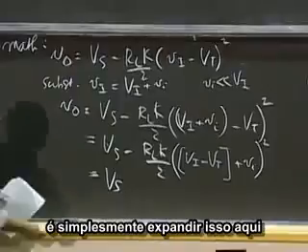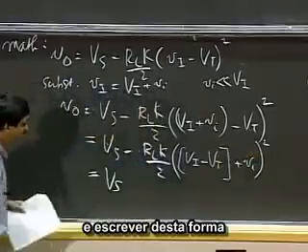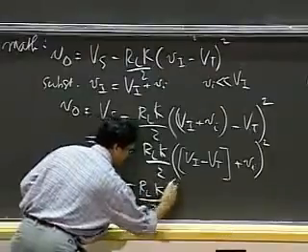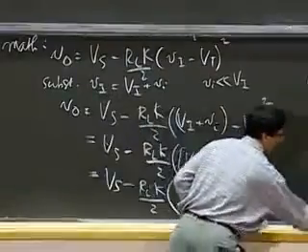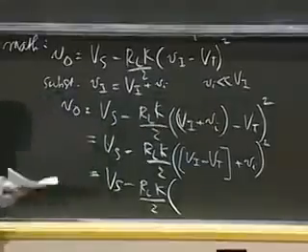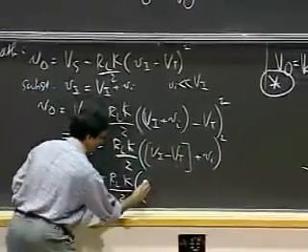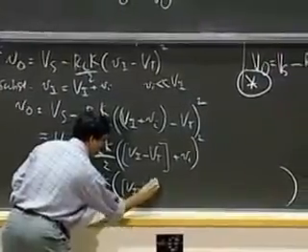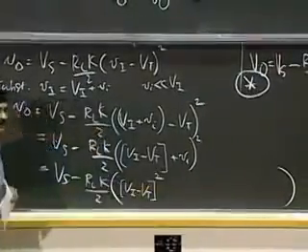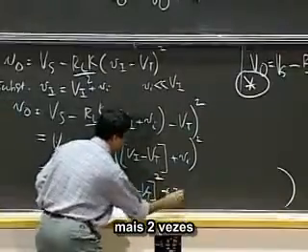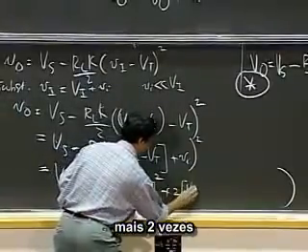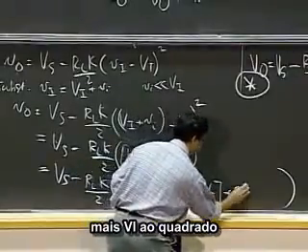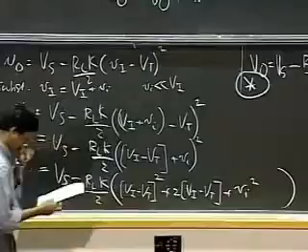Next, what I'm going to do is simply expand this out and write it this way: RL K over 2. Expand that out and treat this as one unit, squared, plus twice, plus squared.